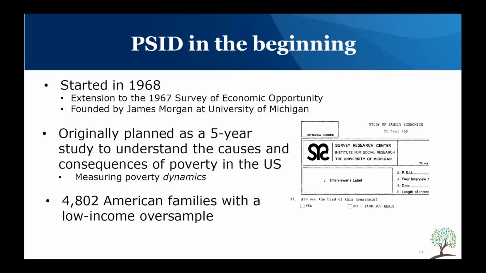Then Jim Morgan said that he would take on this project and continue it for 5 years, taking the SEO sample and adding in a cross section of the United States at that time. Those two samples started our 5,000 American families, so it was technically a little less than that. And that 5 years has now turned into over 55. We're currently in the field collecting our 2025 data. Okay, next slide, please.